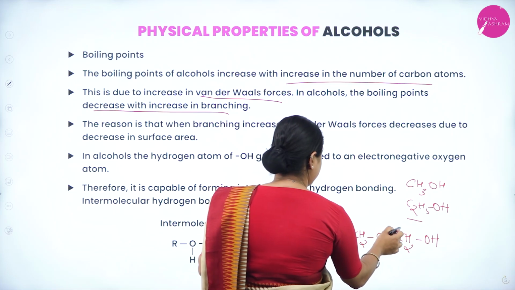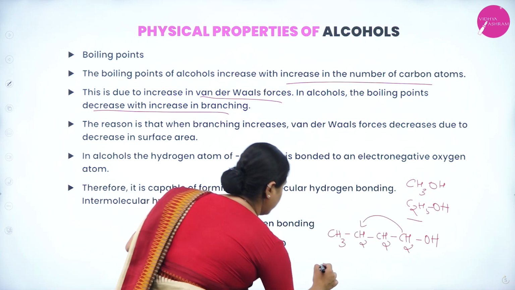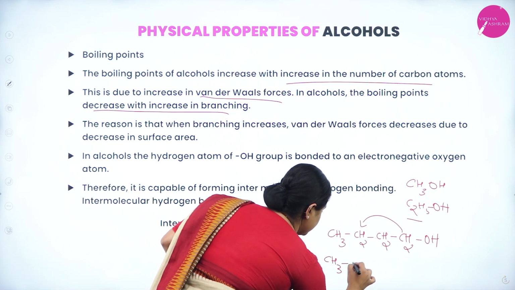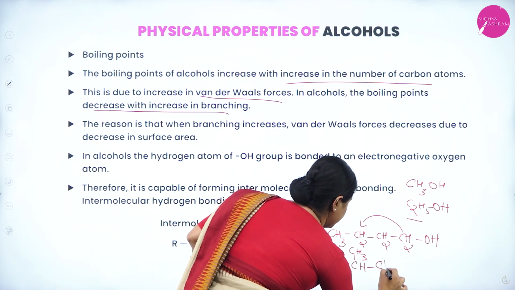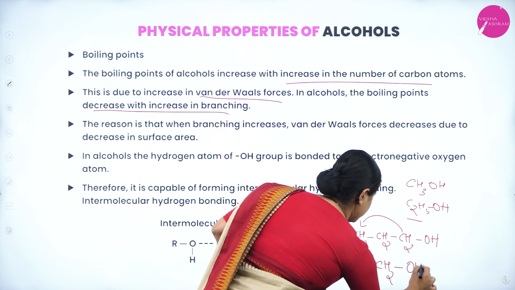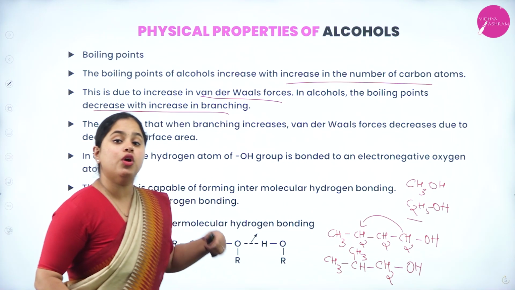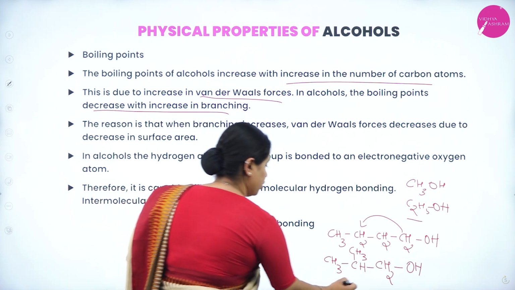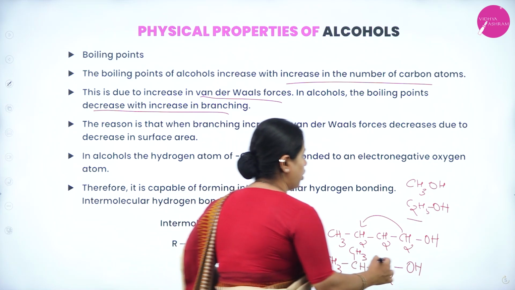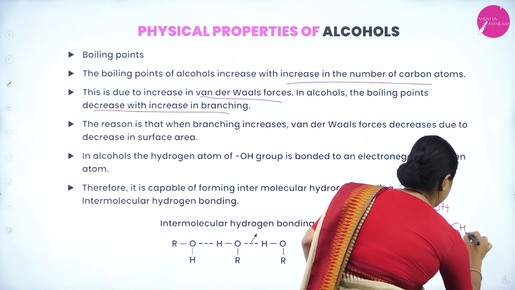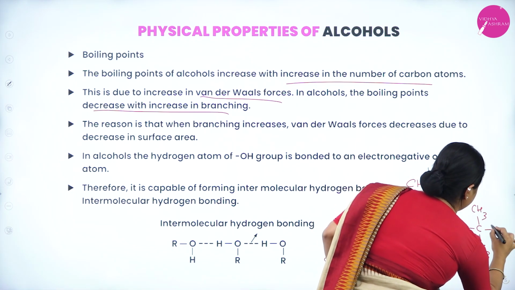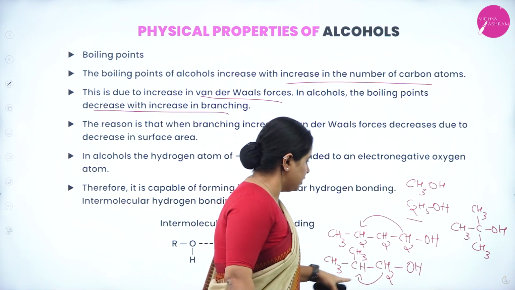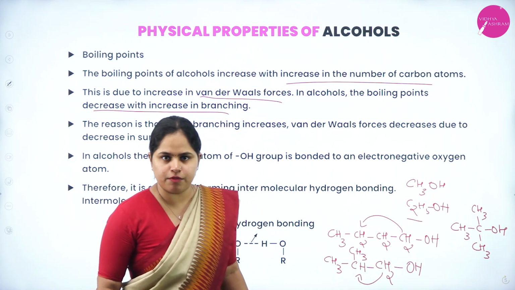Let's assume that this OH is going to shift here. So what will be your structure? CH3, CH3, and you have a CH2 here and OH. Now I am going to write another isomer. I am going to shift to this CH2 here. So what you are going to get? CH3, CH3, CH3, OH. As you can see, these are the 3 different isomers that I have mentioned here.